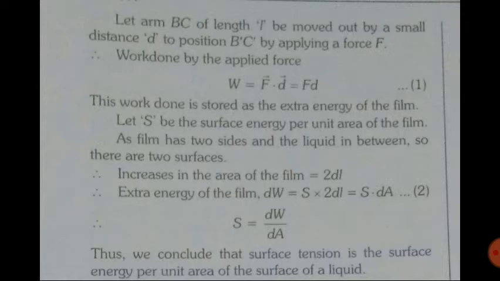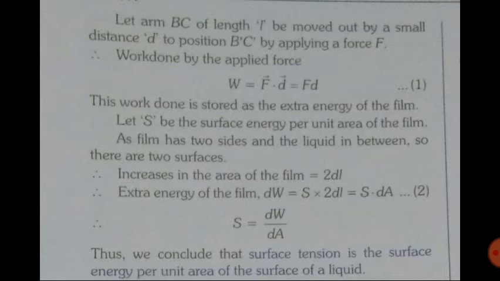Let S be the surface energy per unit area of the film. As the film has two sides and the liquid in between, there are two surfaces. See, when we dip that U-shaped frame inside the soap solution, one layer will form there, and that layer has two sides, front side and back side.